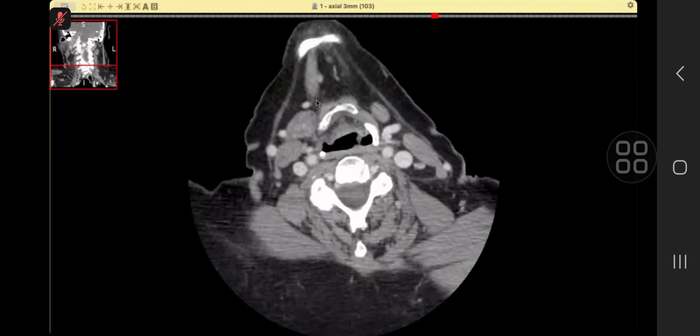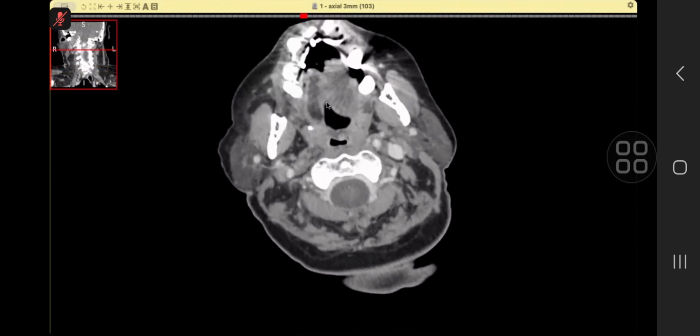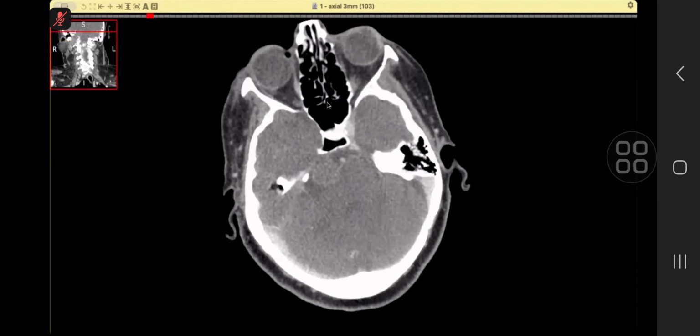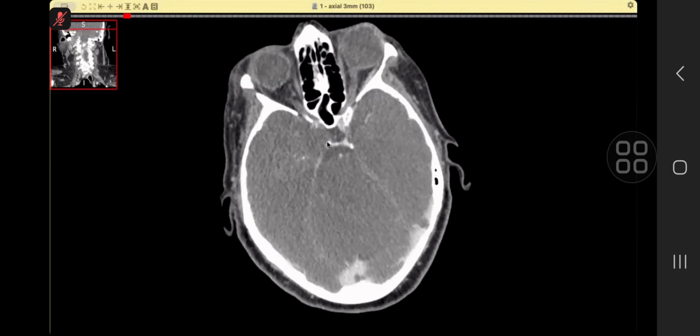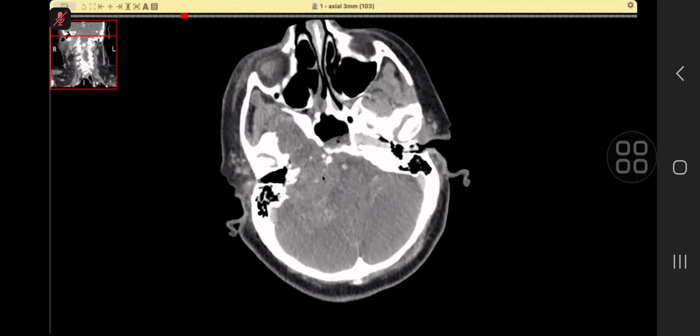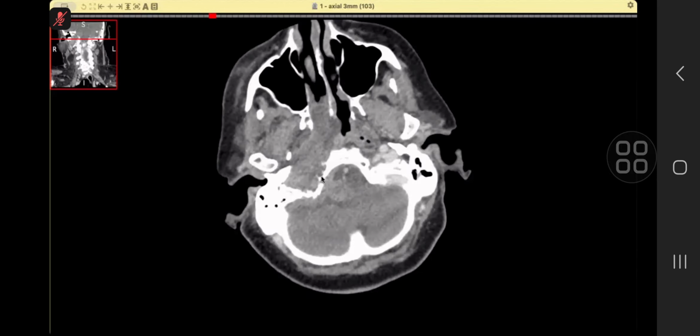On this CT, if we go here, we can see the superior-most extension of the mass, and then the same thing which I pointed out already.